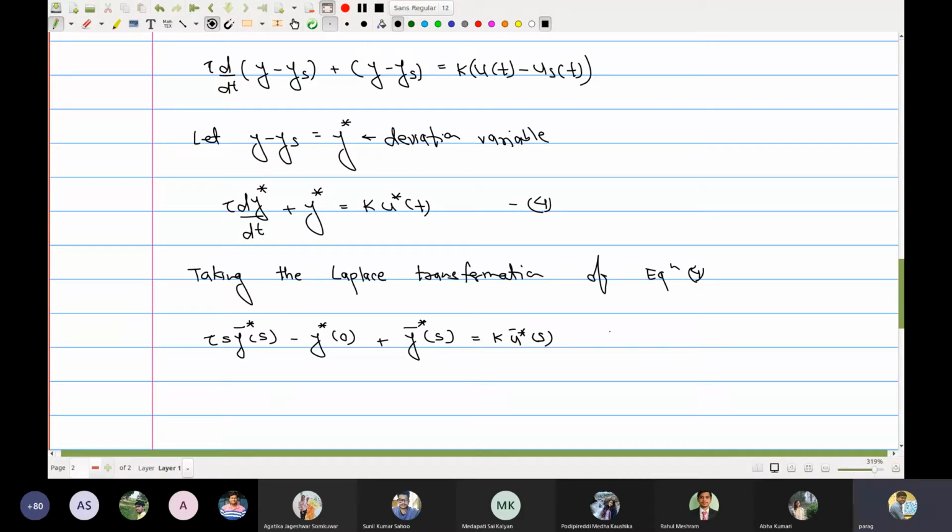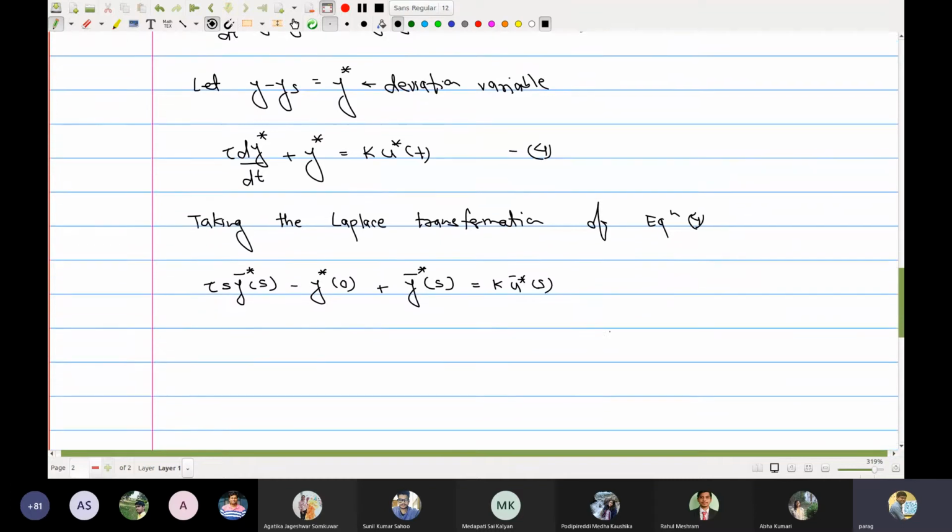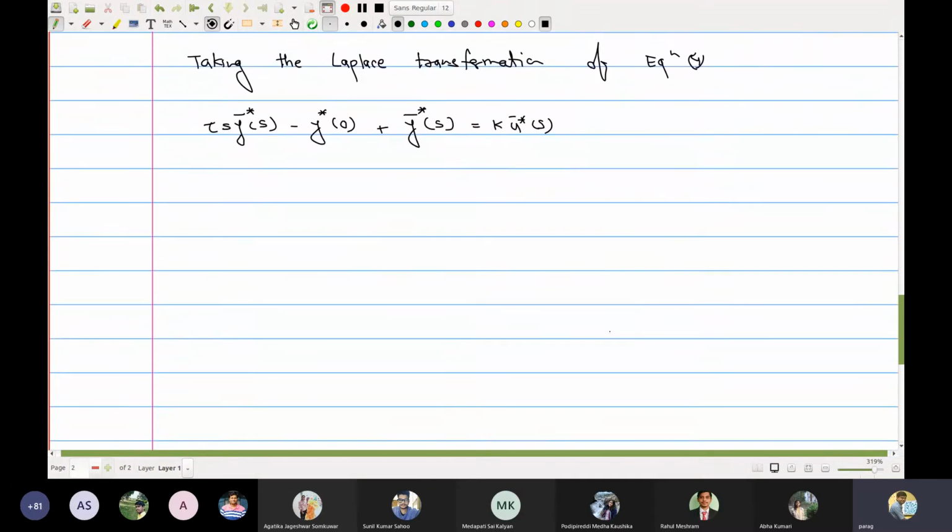Right? Now, why do I say that putting the equation in deviation variable form will make my life easier when I do the Laplace transform analysis? Because of the simple reason that this term is equal to 0. What is the meaning of this term? It is the deviation of your system when you just introduce the disturbance.